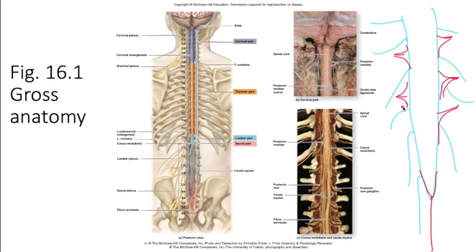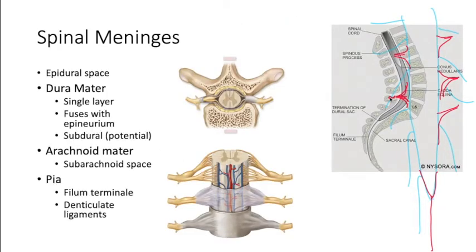I drew them like triangles, they kind of look like that, though. I've exaggerated the size, but they do look like they pulled away and just pinpoint right there. Those are your denticulate ligaments, also made of pia mater. So more interesting features in pia than any other in the spinal cord.